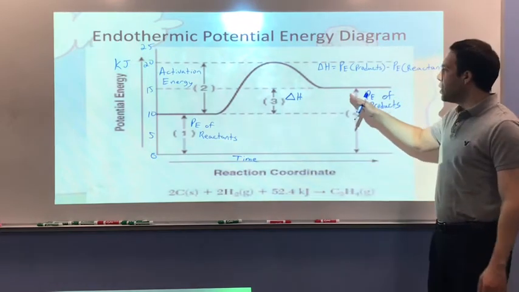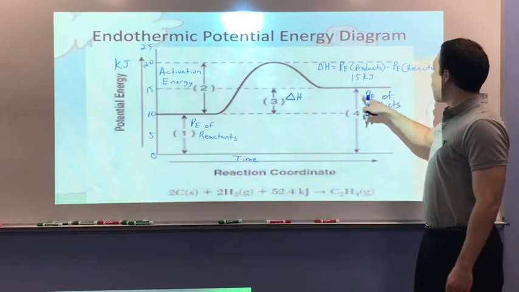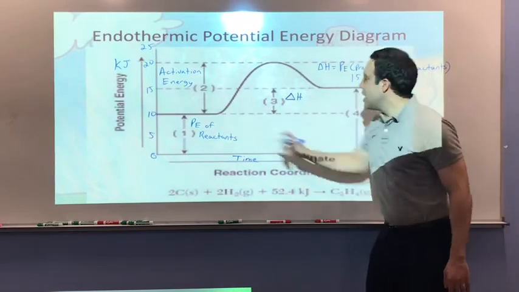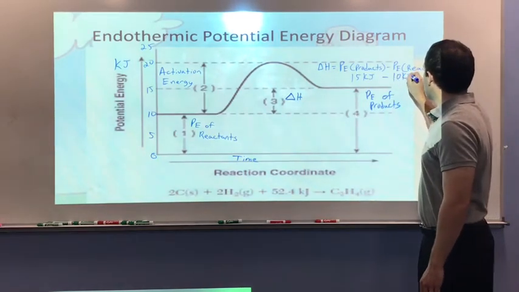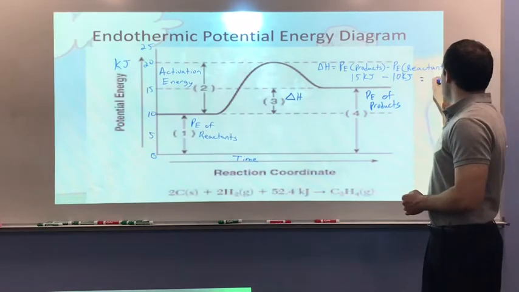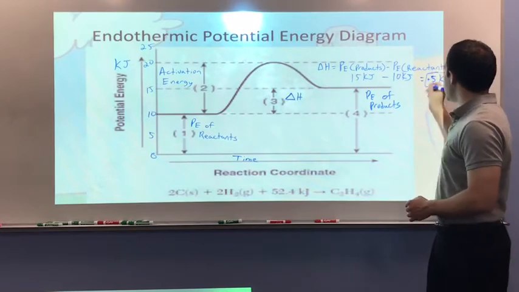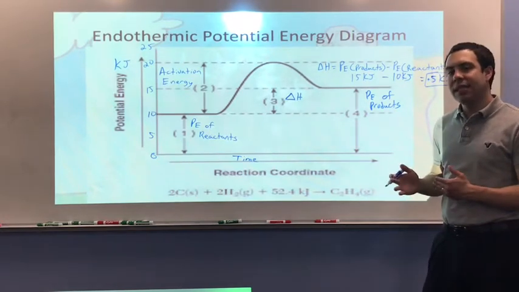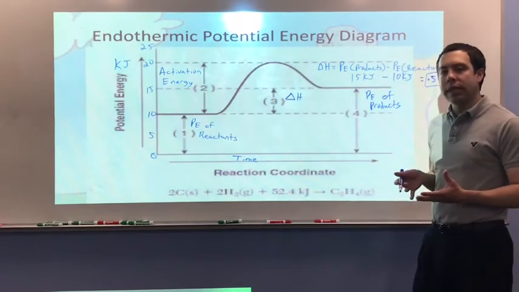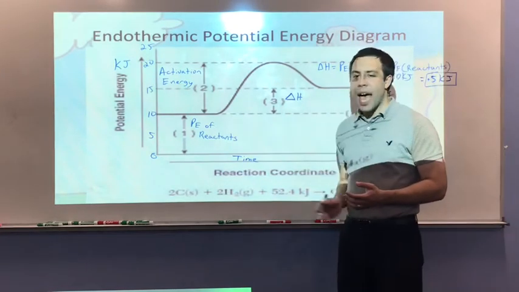This time I do 15 kilojoules for my products minus 10 kilojoules for my reactants. 15 minus 10 is going to give me 5 kilojoules, a positive 5 kilojoules, which tells me that this is an endothermic reaction because energy was absorbed during this chemical reaction. The products have more energy than the reactants.